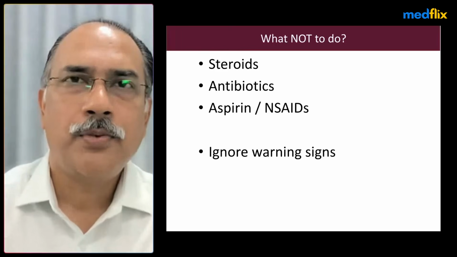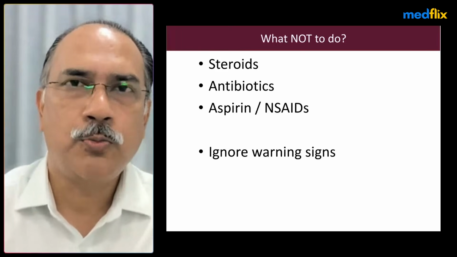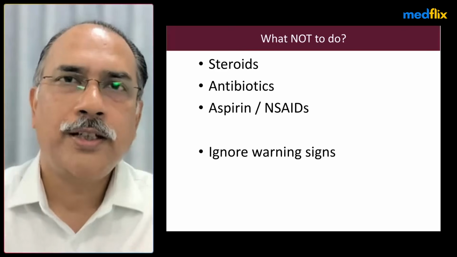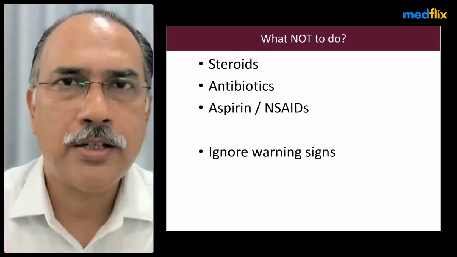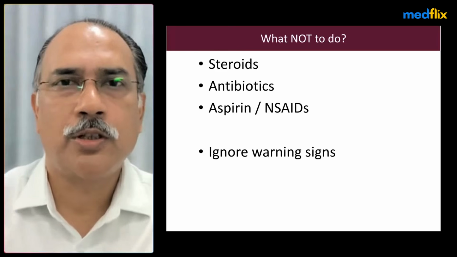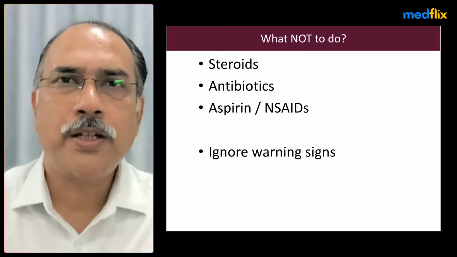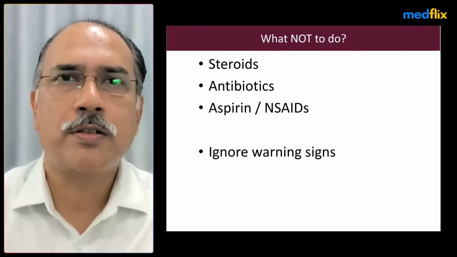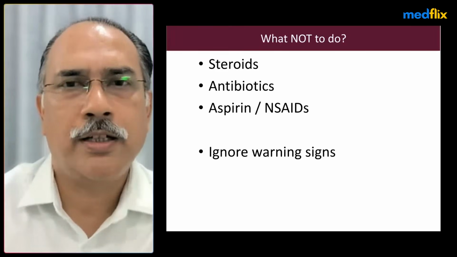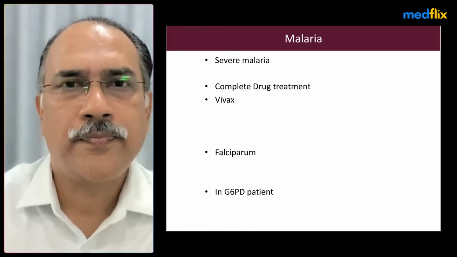And again, please do not use antibiotics for newborns at all, and for infants without a focus. Make sure at least to get a urine test done for young infants before we think about giving antibiotics. Aspirin and NSAIDs should be used selectively, and do not ignore warning signs.